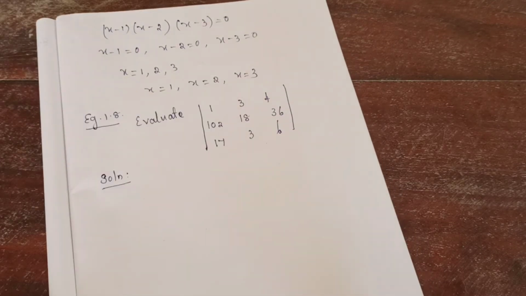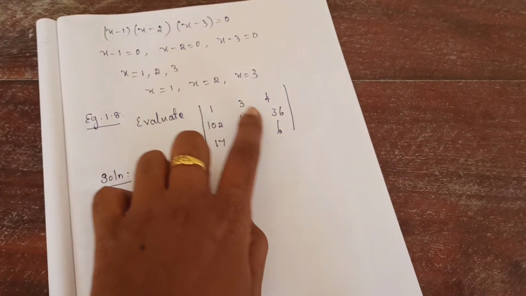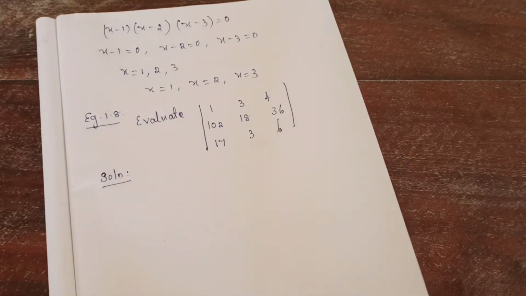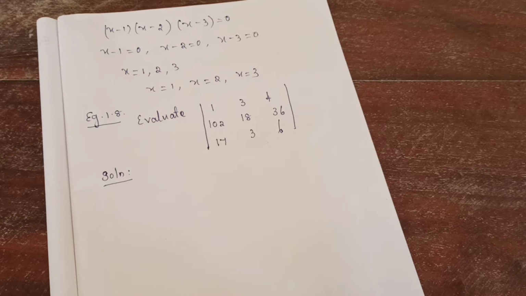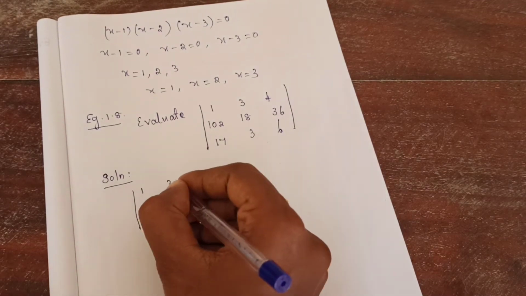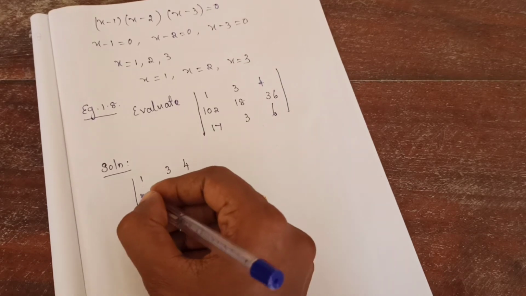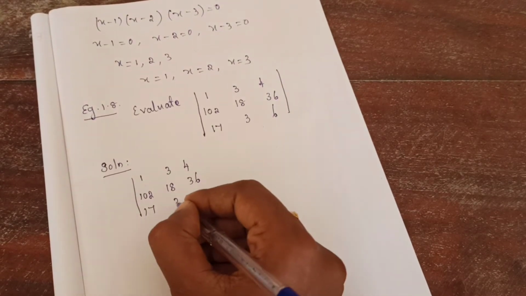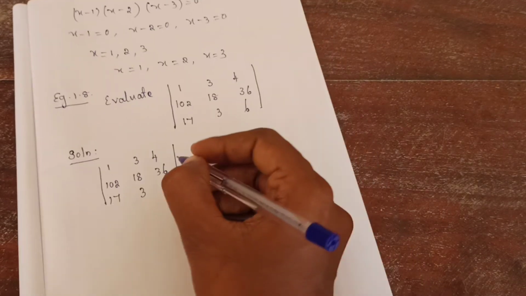Example 1.8. Evaluate the determinant with rows 1, 3, 4; 102, 18, 36; 17, 3, 6. When we get this question, first you check whether there is any common factor. First I am writing the question: 1, 3, 4; 102, 18, 36; 17, 3, 6 is equal to.